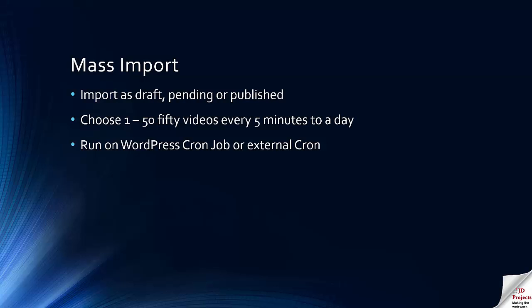We were using WP Engine's own WordPress cron job because they recommend that as the best way to run cron jobs. A cron job, for those that don't know, is an automated action which is going to be carried out by the site when you're not even there. In this case, pulling in videos from YouTube into your site, and you don't even have to be on the site for it to happen.